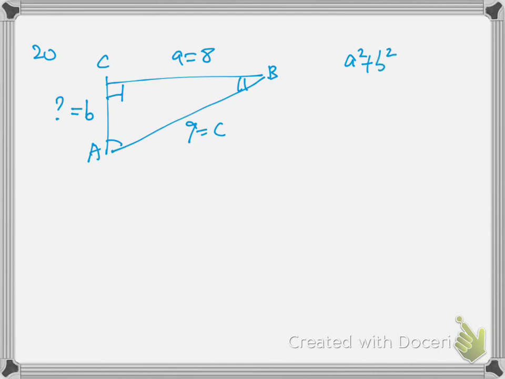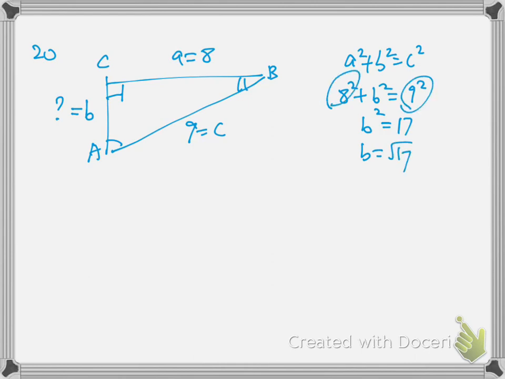A squared plus B squared is C squared. So we got 8 squared plus B squared is 9 squared. This is 64, this is 81. 81 minus 64 is 17. So B squared is 17, B is radical 17.